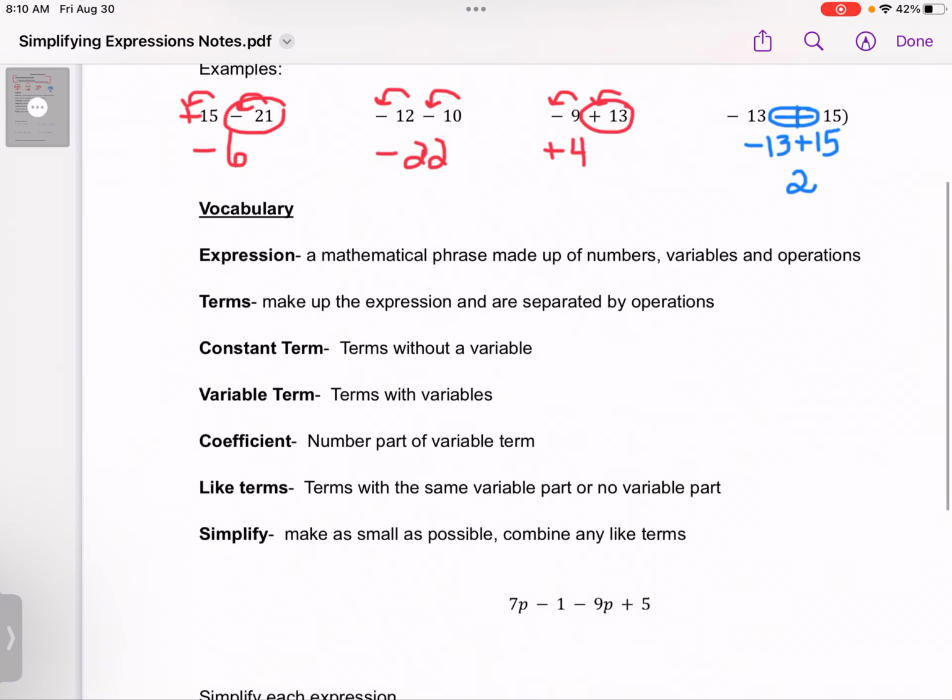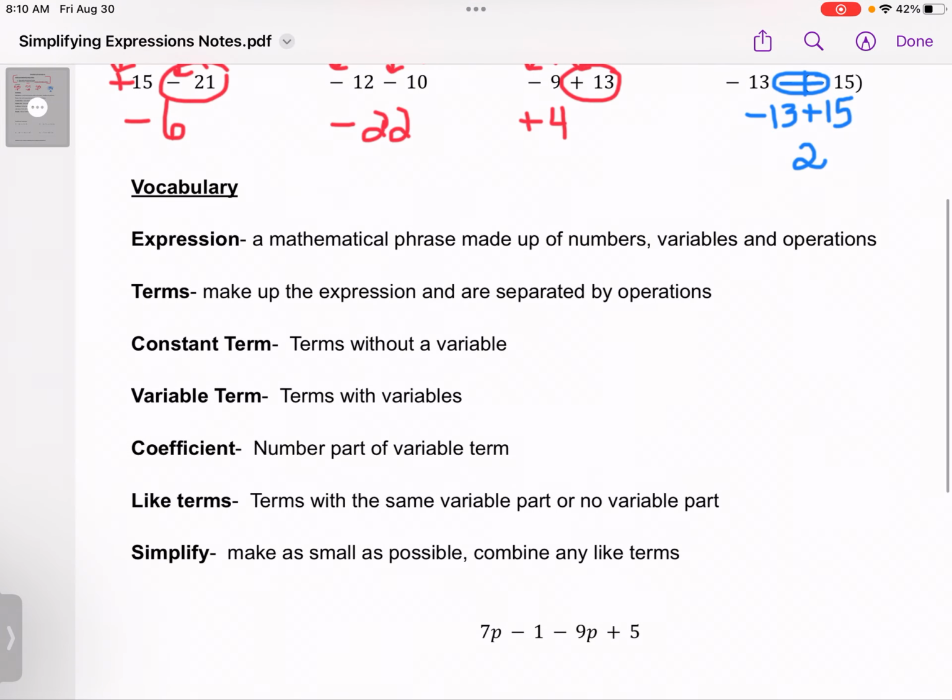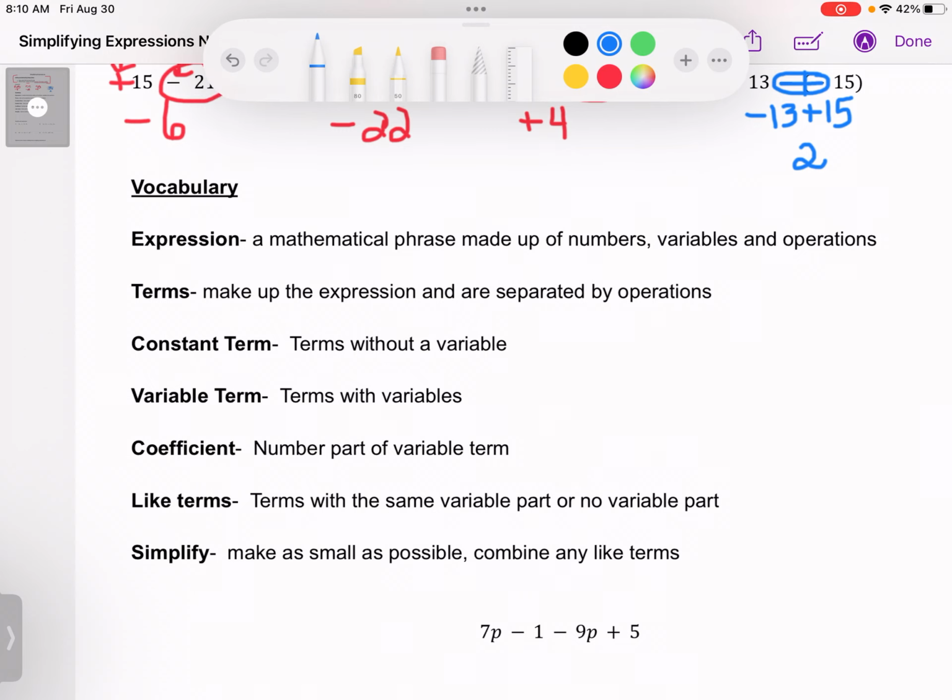Okay, you have a bunch of vocabulary right here. You may want to take a minute and pause the video and just read through the vocabulary. We have an expression, which is a mathematical phrase made up of numbers, variables, and operations. Remember, with an expression, there is no equal sign. We're going to talk about terms. Terms are what make up the expression and are separated by operations.